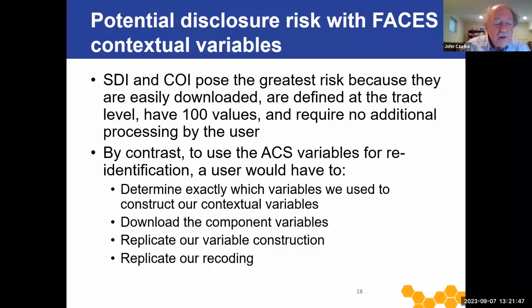And I note that most of the ACS contextual variables are based on percentages, which means we had to construct them by dividing one ACS variable by another ACS variable. Next, the user would have to download the component variables at the tract level. The user would then have to replicate how we constructed the contextual variables, and then would have to replicate our recoding, which we describe below.